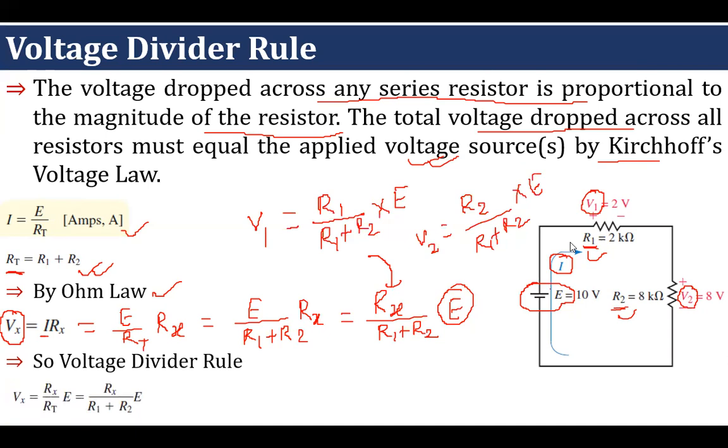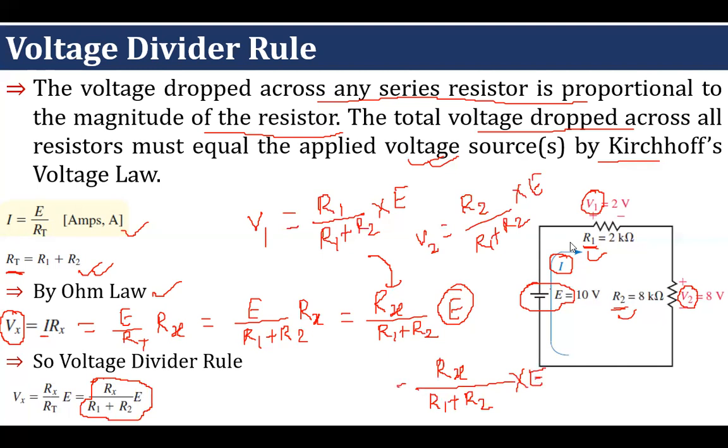So this is for the series connected resistors. If resistors are connected in series and I want to find the voltage across any resistor, just write that resistor value, Rx, at the top, and then do the summation of all the resistors including Rx, that means R1 plus R2, since here we have two resistors in the network, and then multiply with the applied potential.